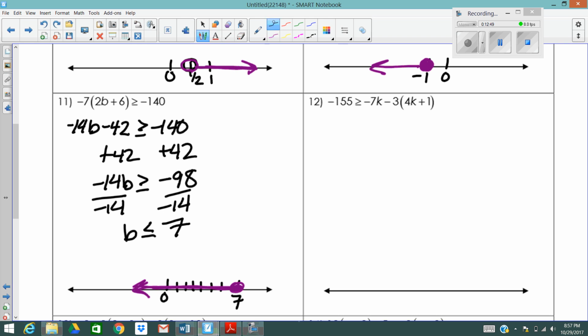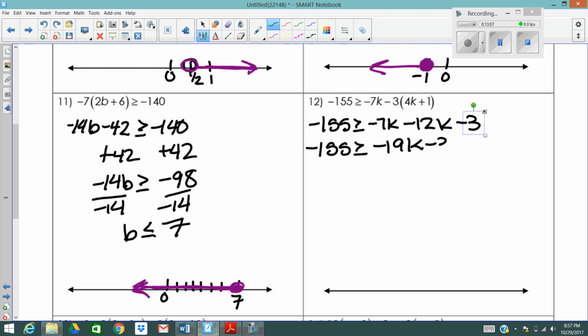Number 12, I'm going to distribute the negative 3, and I get negative 12k minus 3. Combine like terms, and that gives me negative 19k minus 3. I'm going to add my 19k over to the left side.